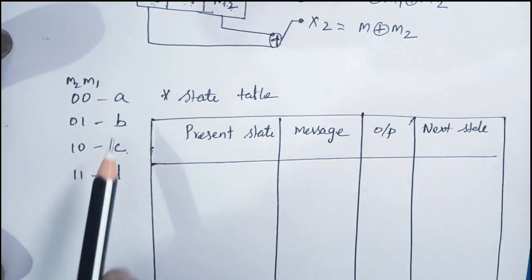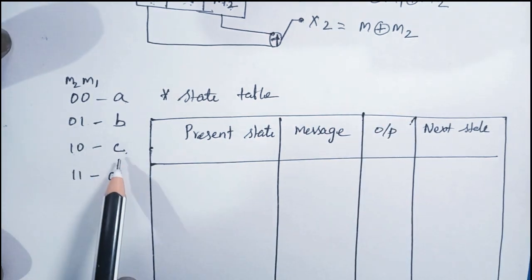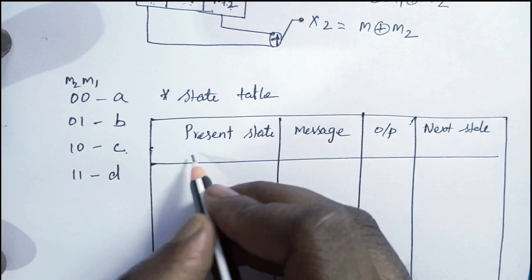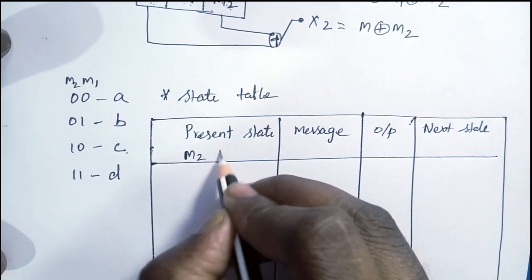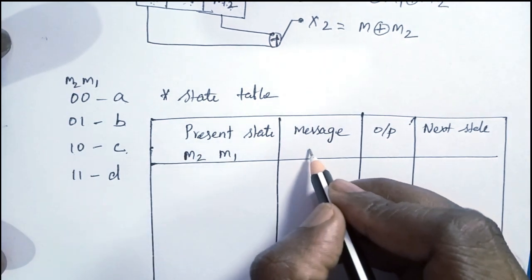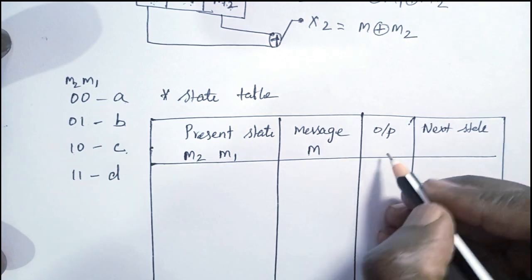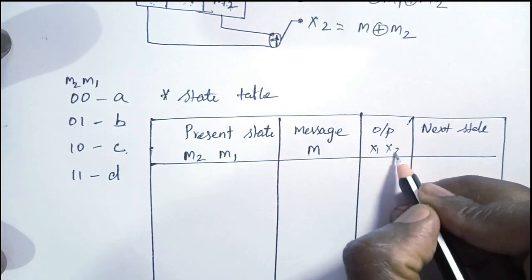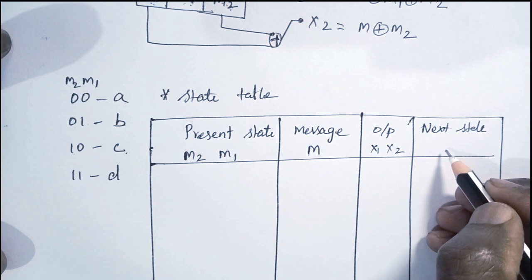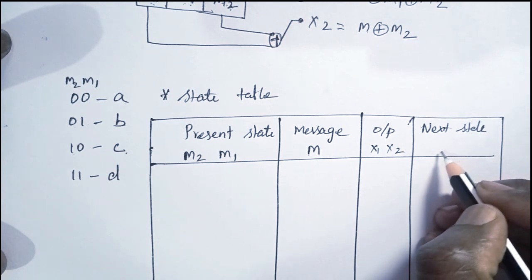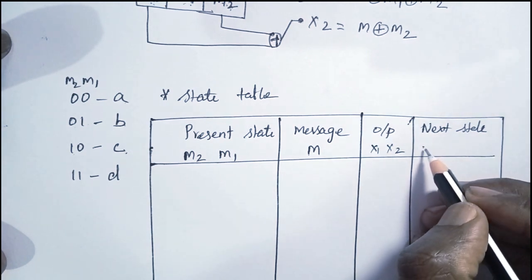What are the 4 states? 0 0, 0 1, 1 0 and 1 1. So this is M2 M1, and the message is M, and the output is X1 and X2. And for the next state, again we have M2 and M1.